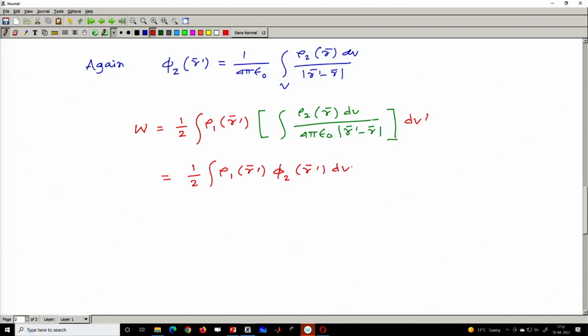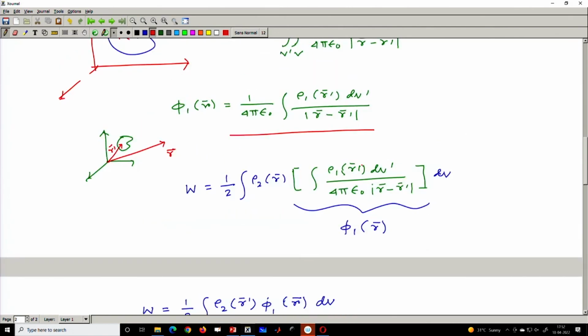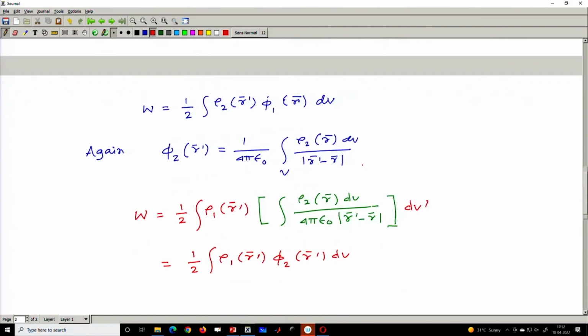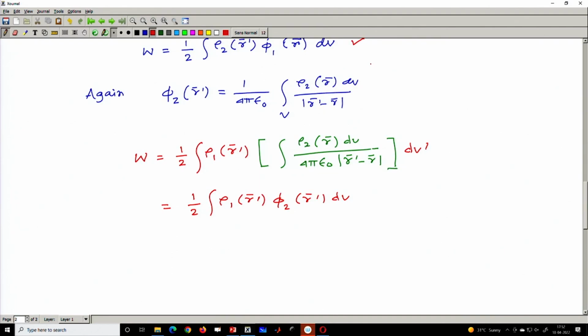So, you can see I already have an expression of W here in terms of rho 2 and phi 1, and again I have this; say this is equation 1 and this is equation 2.